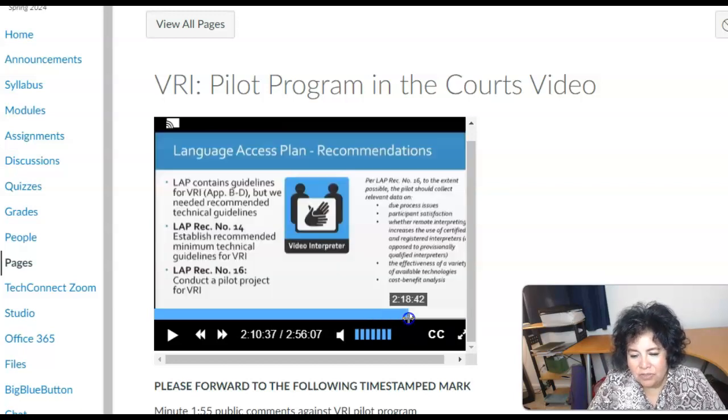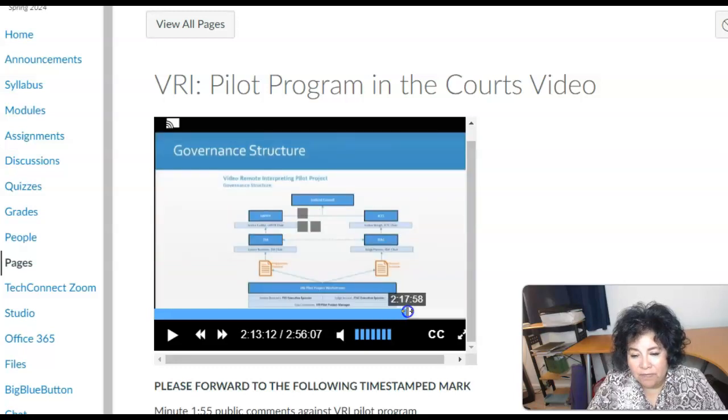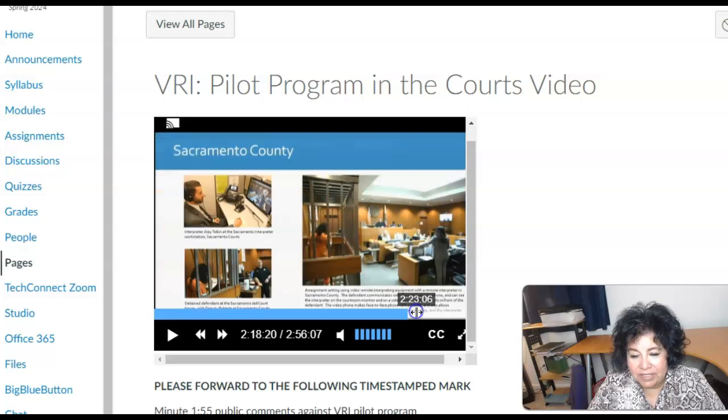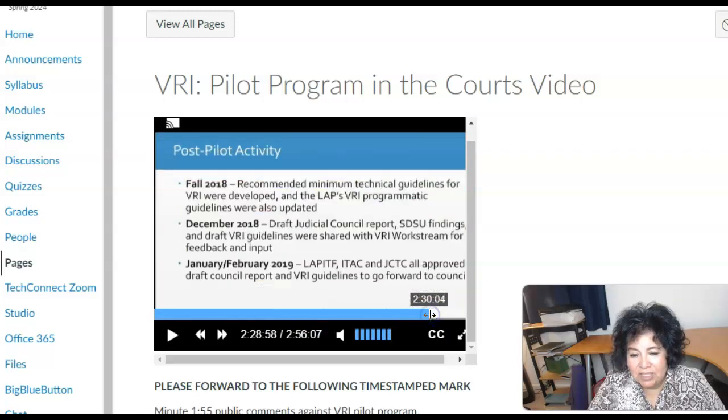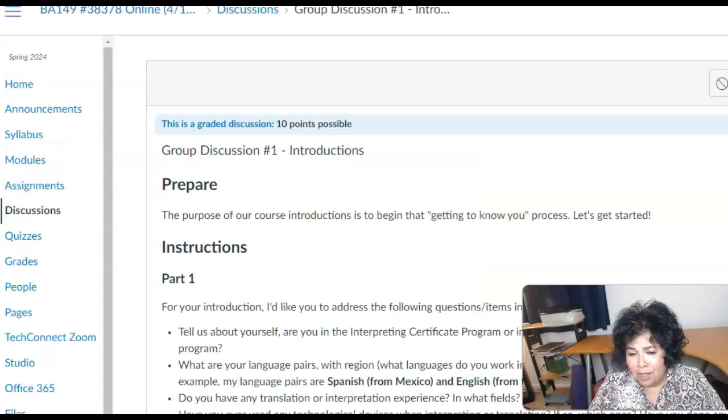And then the interesting part is that they're giving you the whole report on what the program looked like, what were the findings, where was it implemented, what kind of technology did it use, because this was just in 2019, but they didn't implement it really in the courts until years later because of COVID. So this is something that if you're considering going into court interpreting, I would highly recommend that you look into.